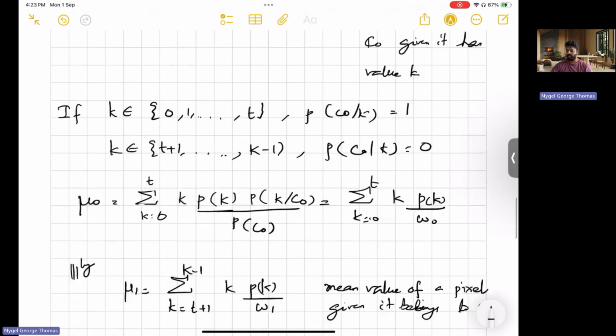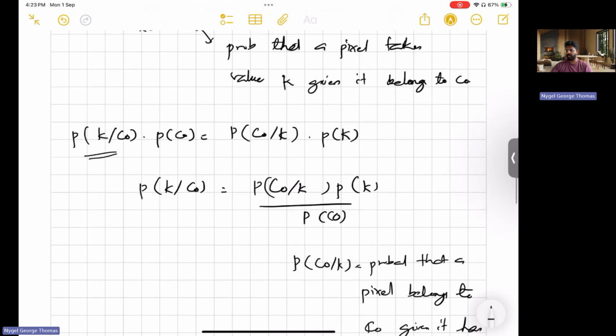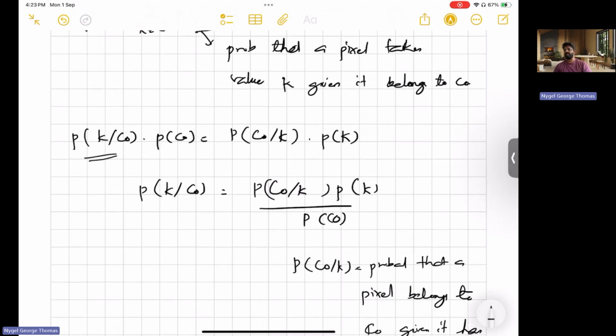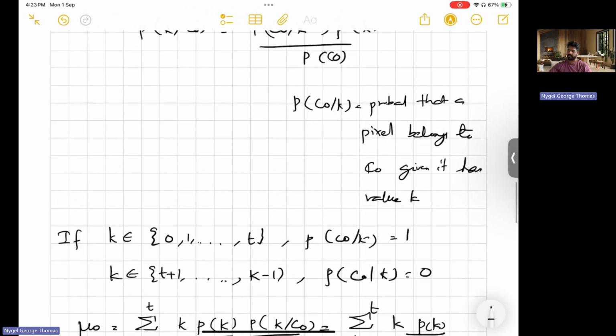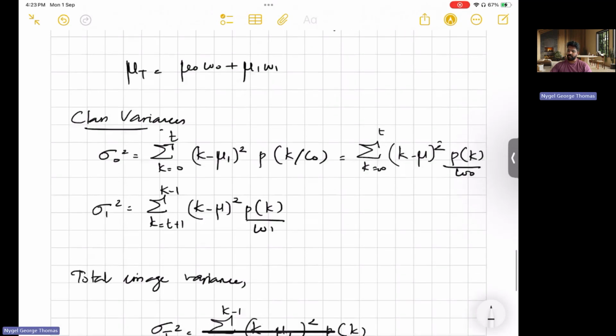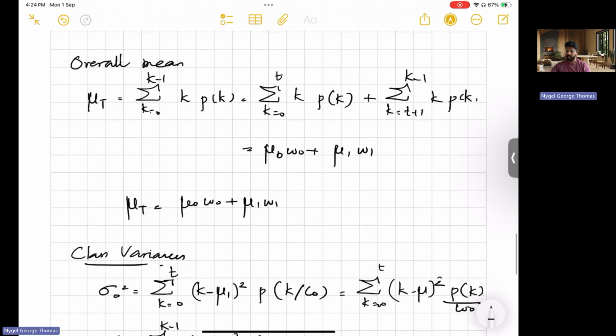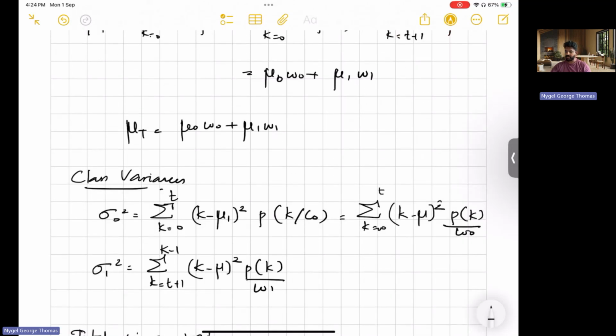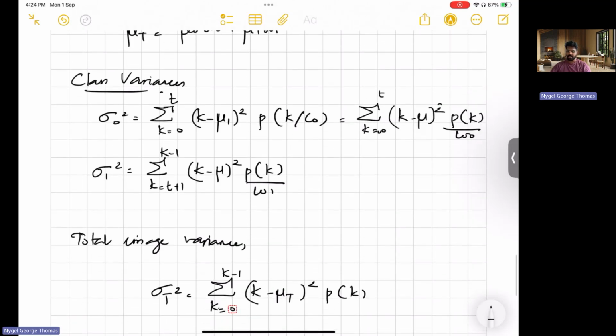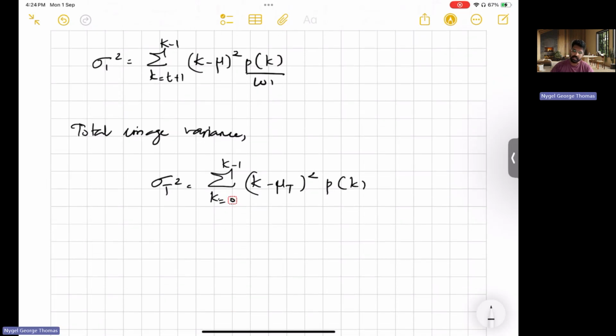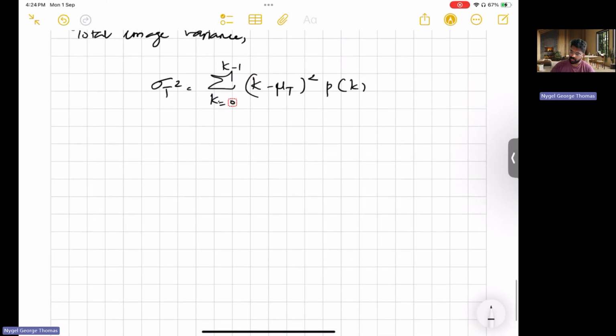And mu1 is the corresponding mean given that it belongs to class C1. In similar fashion, we've also defined the overall mean, class conditional variances to be precise, and the total image variance is also defined.